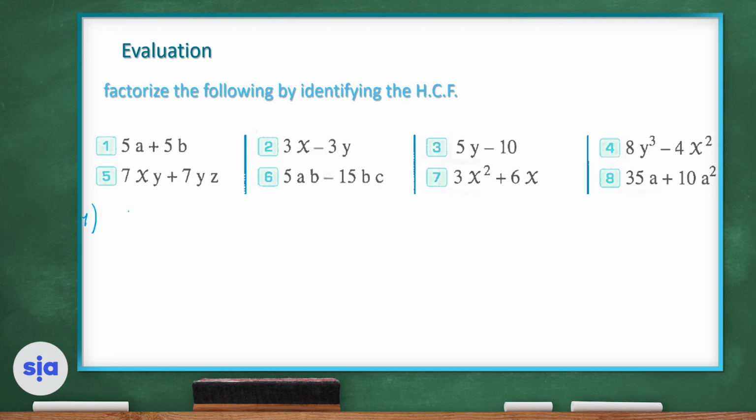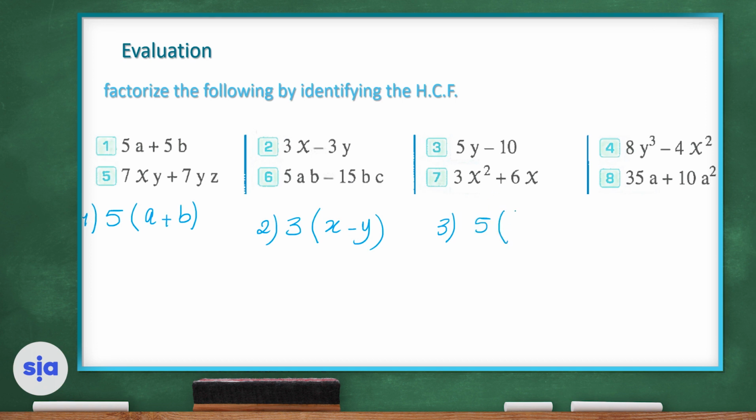The HCF is 5. And then to factorize it, it's 5 open bracket a plus b. Question 2. The HCF is 3. And then to factorize it, we open bracket x minus y. Question 3. The HCF is 5.